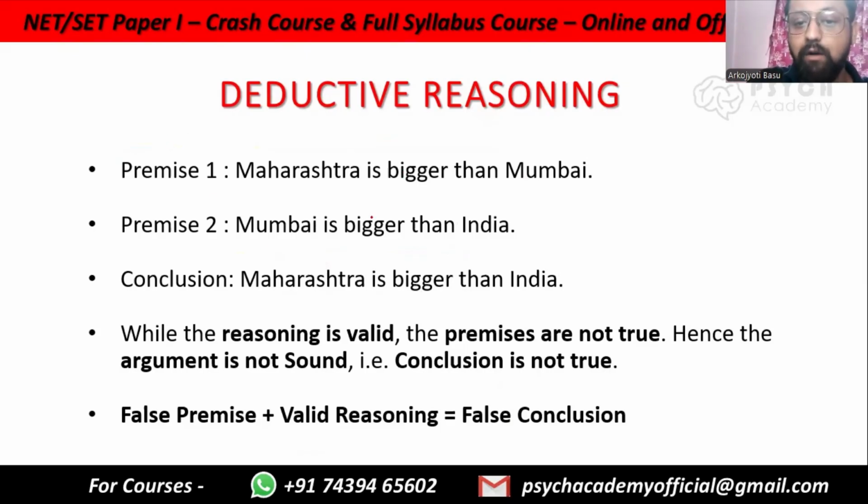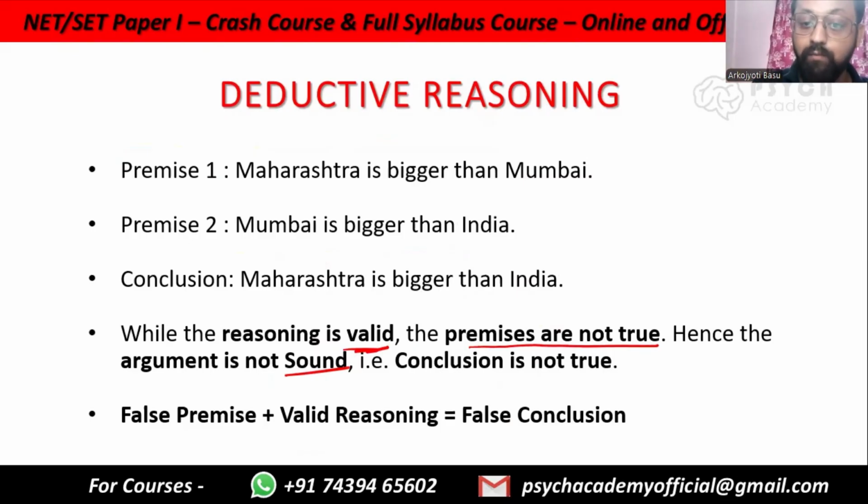The same example that we have discussed: reasoning is valid, that we have already established. Reasoning is valid, but the premises are not true. Premises are false. Hence, the argument is not sound. Sound means that it is perfect, something we can count upon, bank upon, rely on.